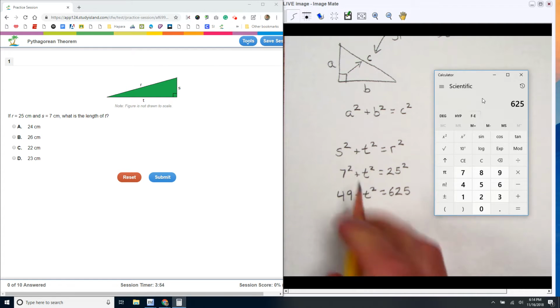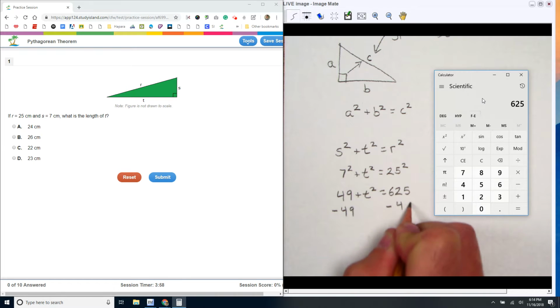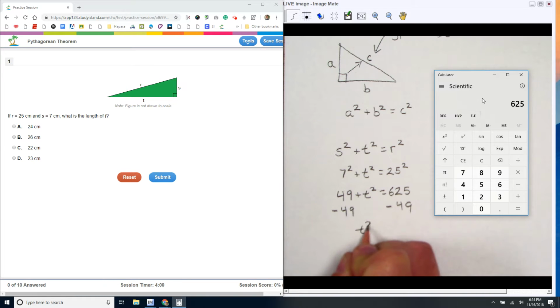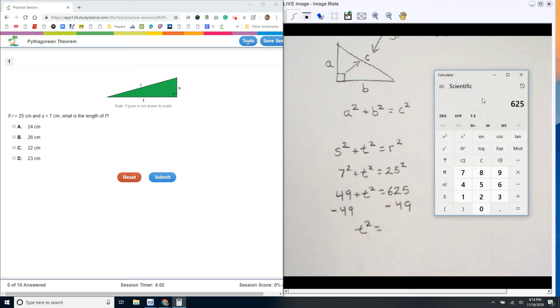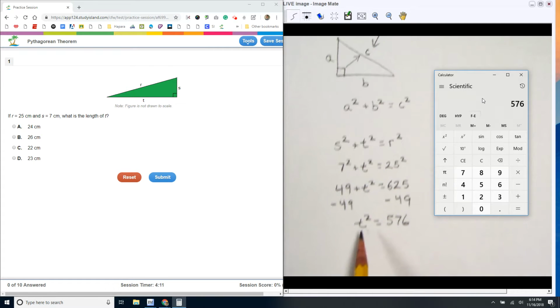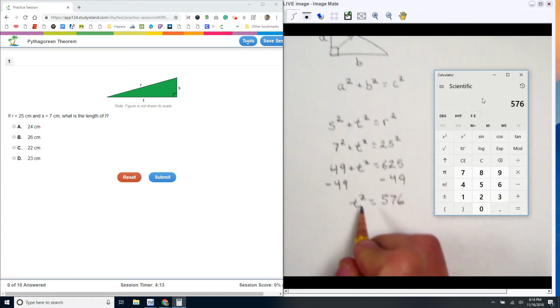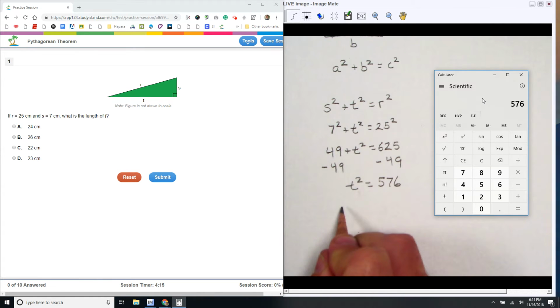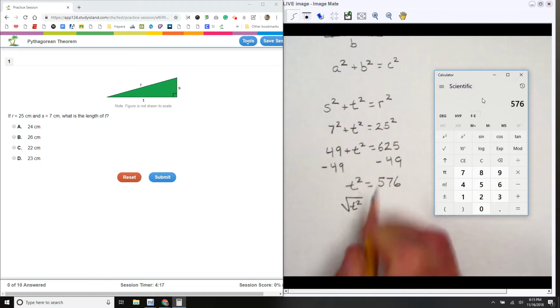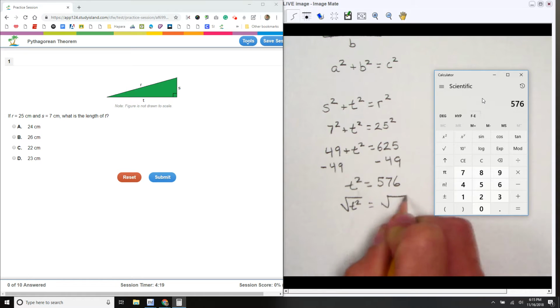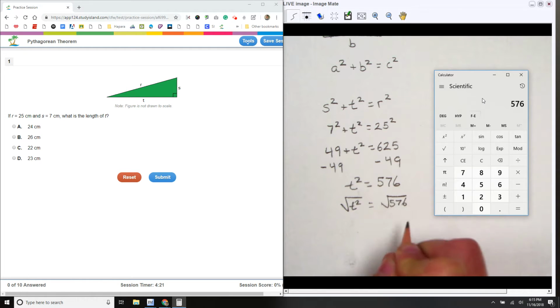Now we want to solve for T. So what we do is we subtract 49 from both sides. So T squared is equal to 625 minus 49, and that gives you 576. So to solve this, I don't want to know what T squared is, so I take the square root of T squared, and that will be equal to the square root of 576.